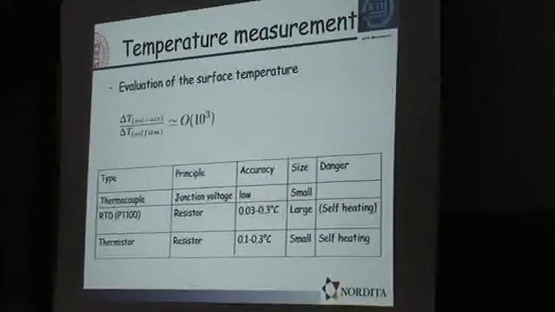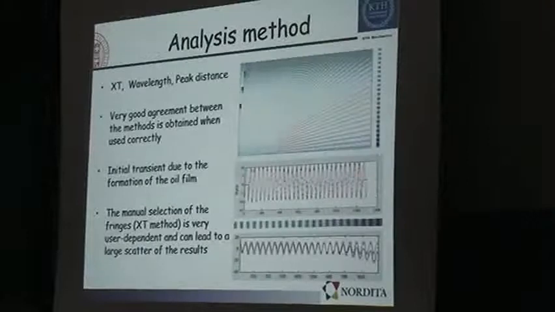So you need to measure this temperature very accurately. Now there are different ways to measure it. I'm not going to talk too much about it. If some people are interested, we can talk about it. But basically you would like to have measurements with a fraction of a degree, in the order of 0.2 degrees or so.